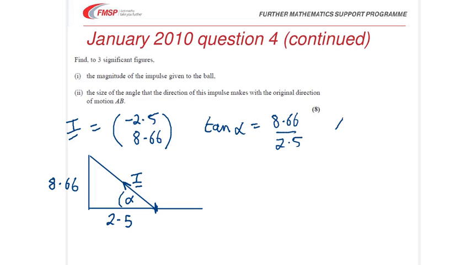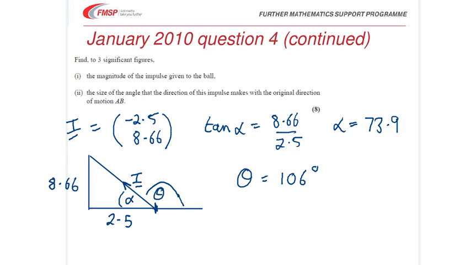That gives you alpha equals 73.9. So theta, which is the angle they're asking for, the angle with the original direction of motion, to 3 significant figures, is 106 degrees. And that's it. So 8 marks in total for this.